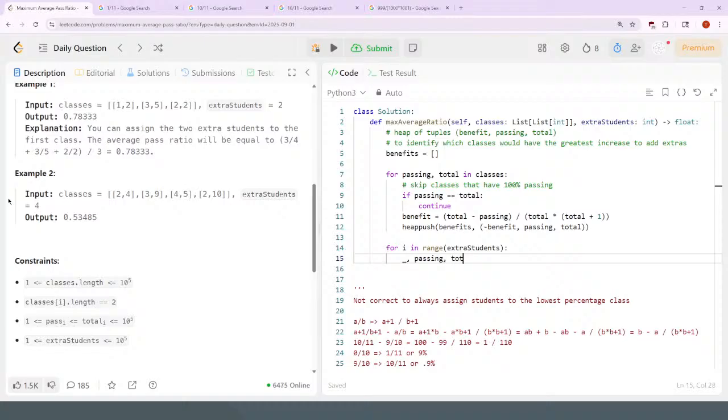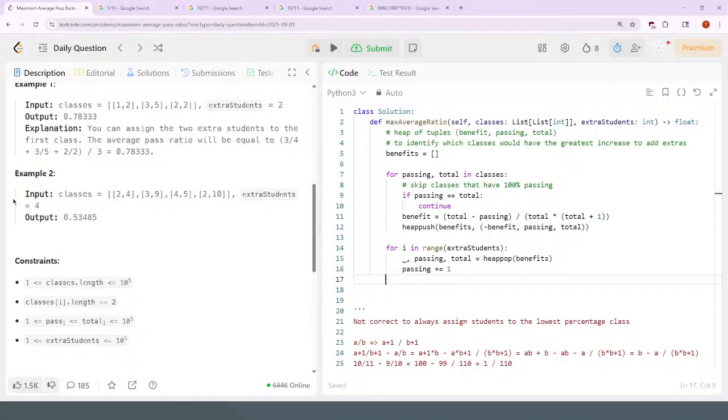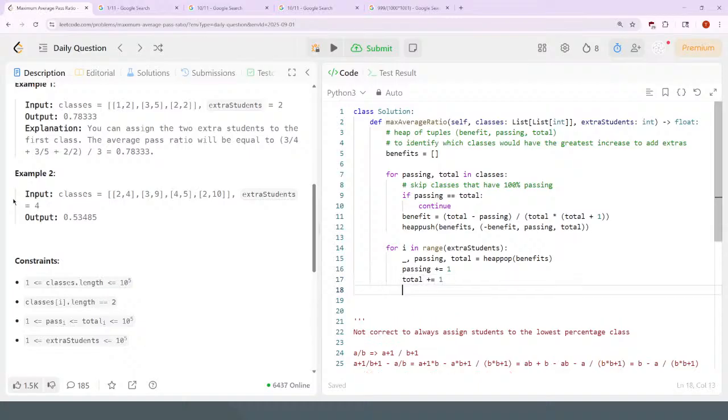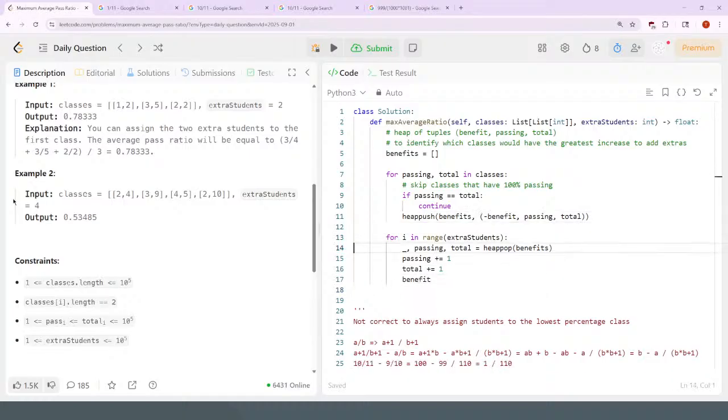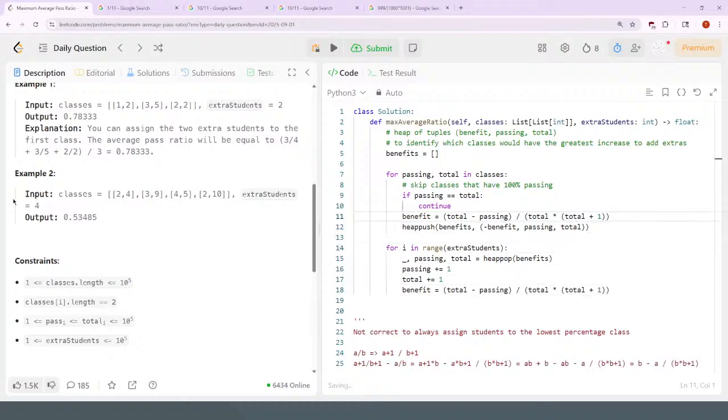Passing, total, heap pop from the benefits heap, and then calculate the new benefit. So passing plus 1, total plus 1. The new benefit is going to be this thing again. And then repush.